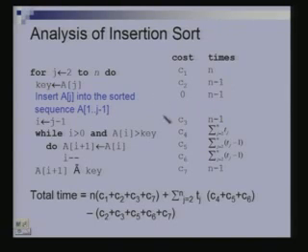Let's forget this, this is just a comment statement. Again, this operation will be done exactly n minus 1 times, right? Now we have to look at how many times I come to this particular statement.